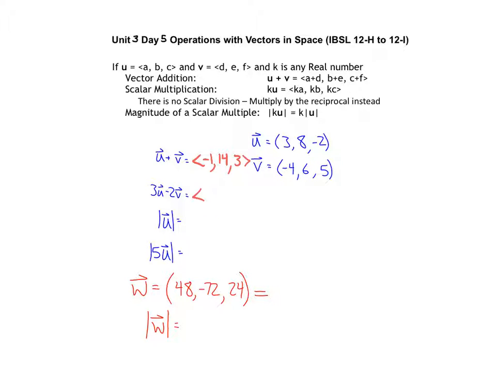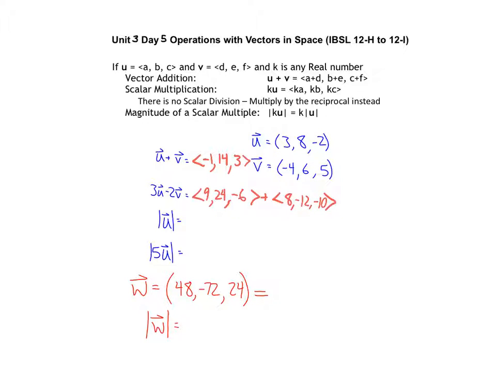Let's take this 3u minus 2v for a second. What would 3u equal? 9, 24, negative 6. And then if I need to do a minus 2v, what's negative 2 times v? So, 8, negative 12, and negative 10.